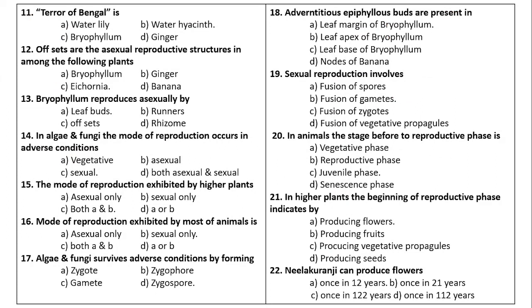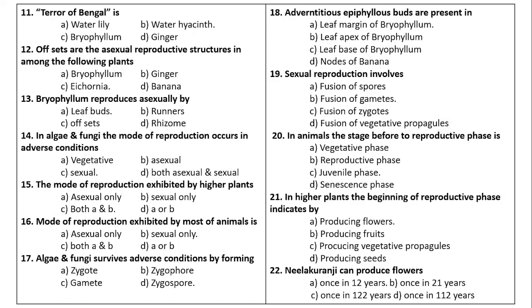Okay, coming to the next question: adventitious epiphyllous buds are present in dash. The first option is leaf margin of Bryophyllum, then leaf apex of Bryophyllum, then leaf base of Bryophyllum, and the last one is nodes of banana.